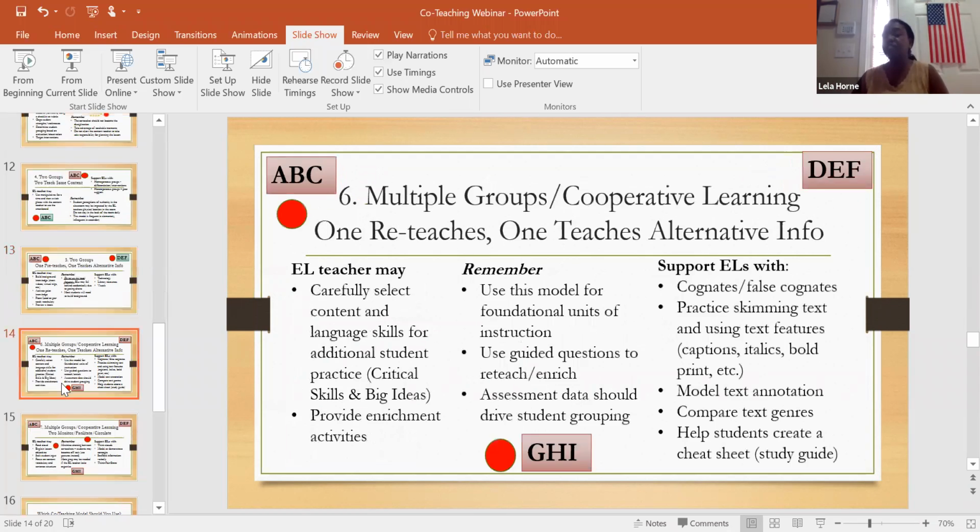Multiple groups. This is the grouping that most administrators really want to see because it shows the most diversity in the classroom. You have your differentiation going on, you have your technology happening, and certainly there's remediation going on, and all sorts of things.